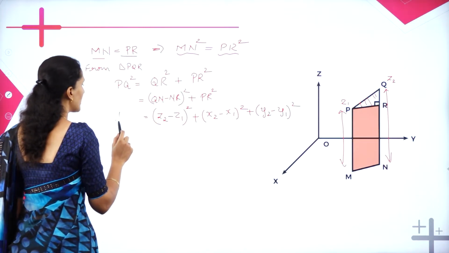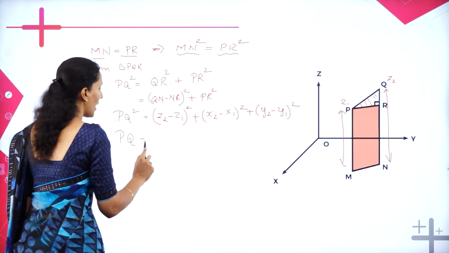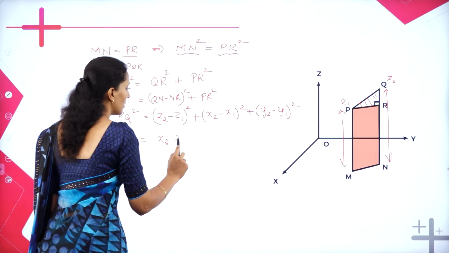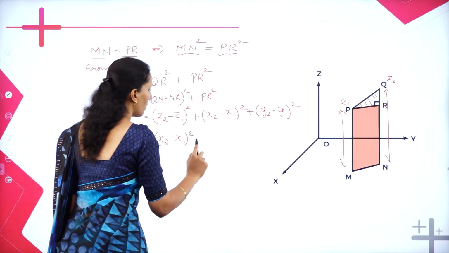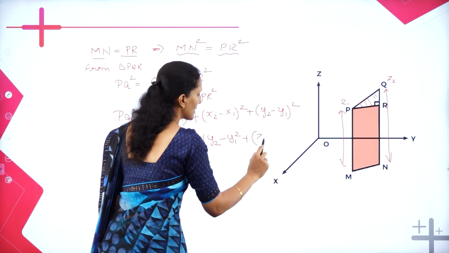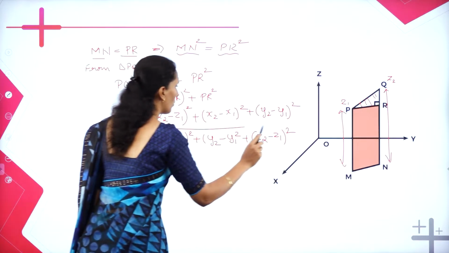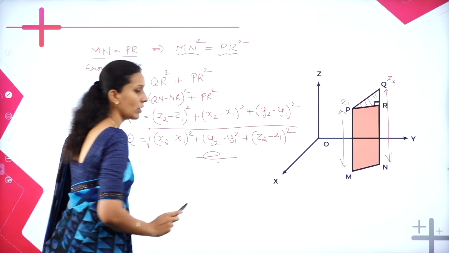Now rearrange these terms. Here we have PQ square. So PQ can be written as the square root of x2 minus x1 whole square plus y2 minus y1 whole square plus z2 minus z1 whole square. So this is what we have proved.